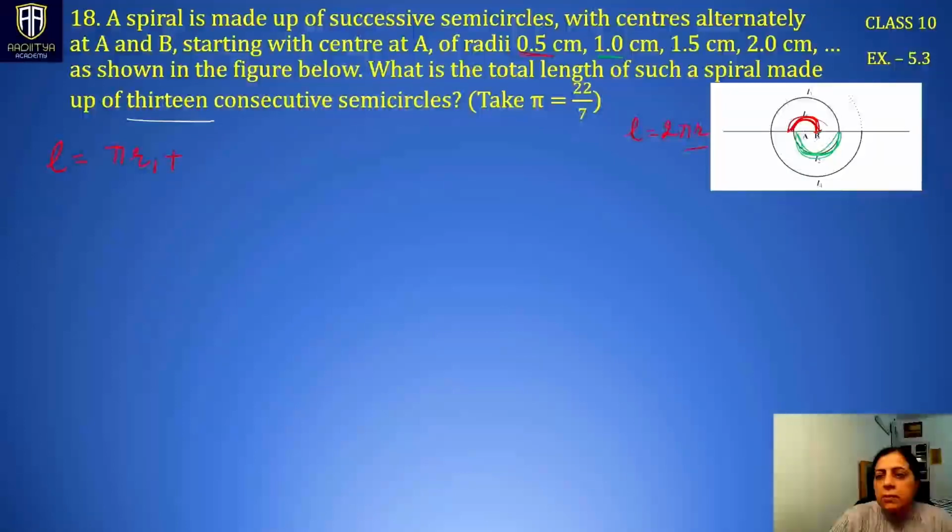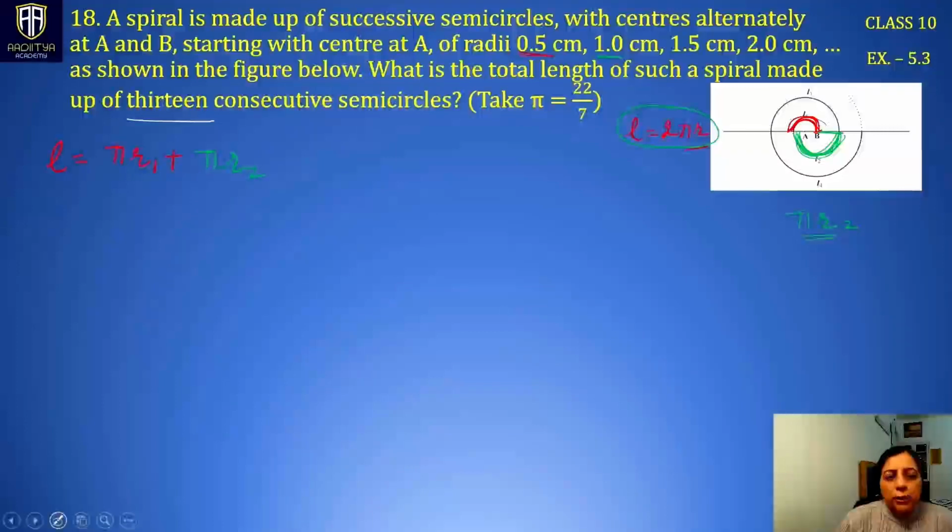Keeping this as center, radius becomes 1. So the length of this second semicircle is again pi times r. The length of the whole circle is 2 pi r, half of the circle becomes pi r, so we have pi r2.